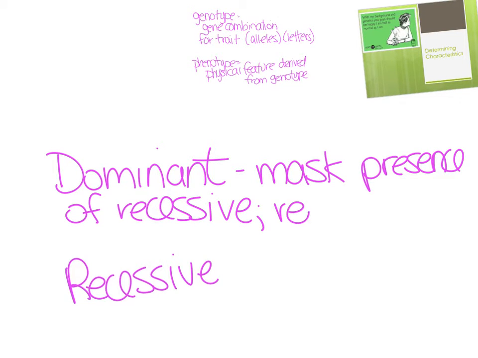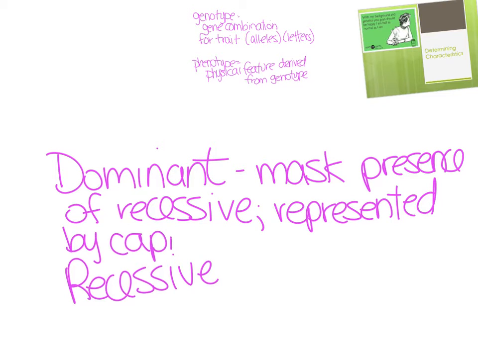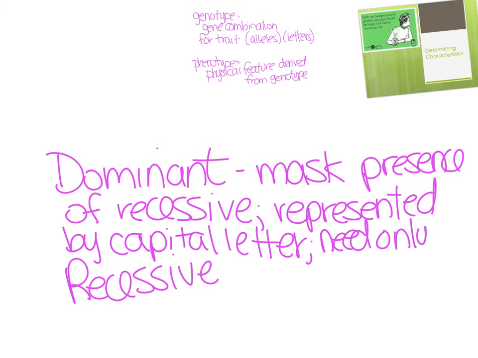It's represented by a capital letter. And if something is a dominant trait, you need only one allele to have the dominant phenotype.